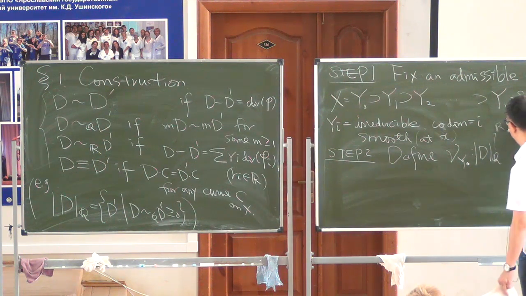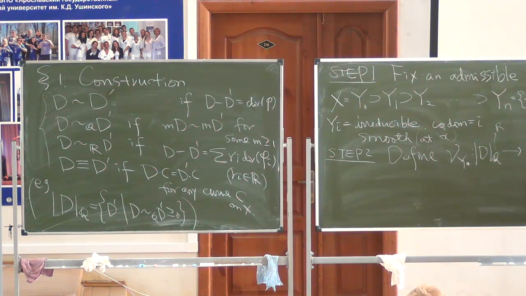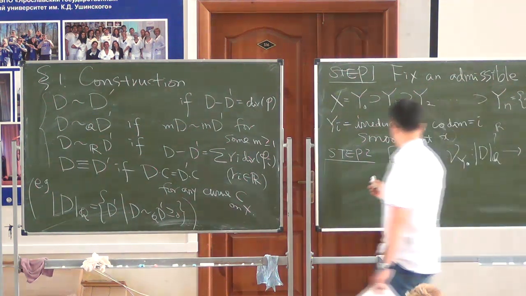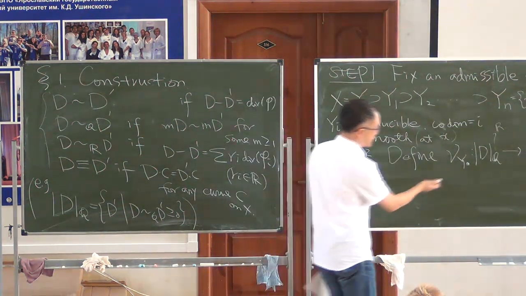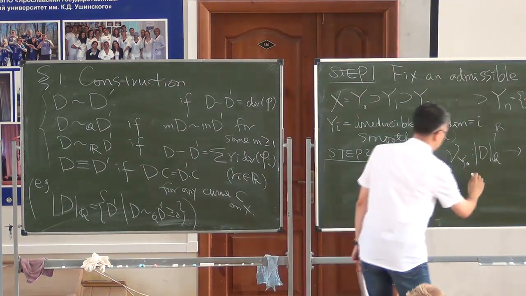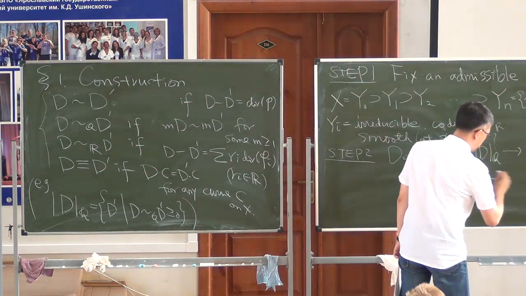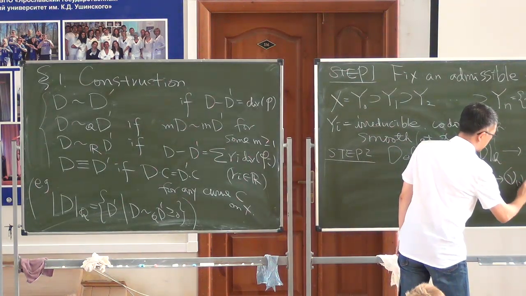But okay, you define a function, and you will get non-negative numbers as coefficients. So this is the set of effective divisors. If you are given some effective divisor, your image should look like this.